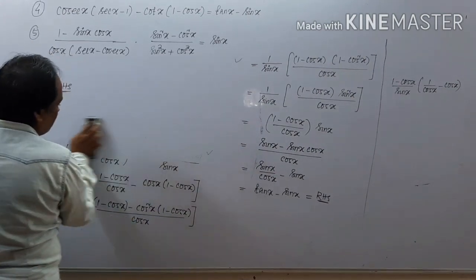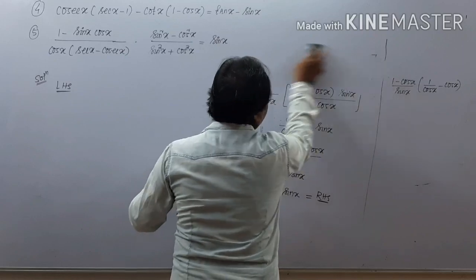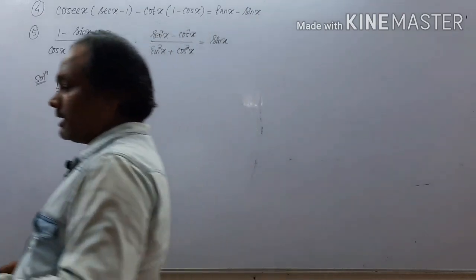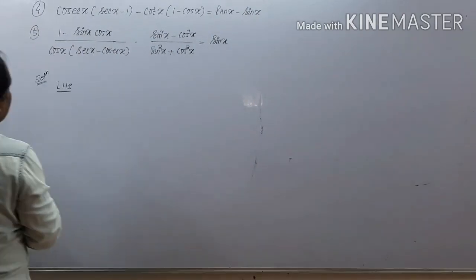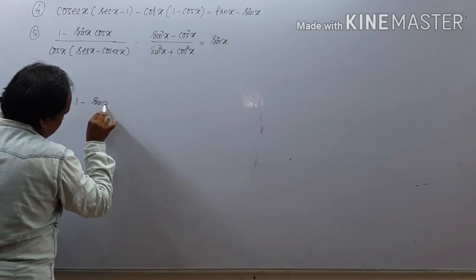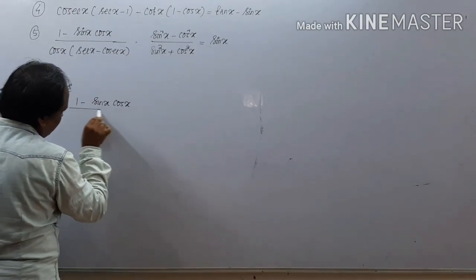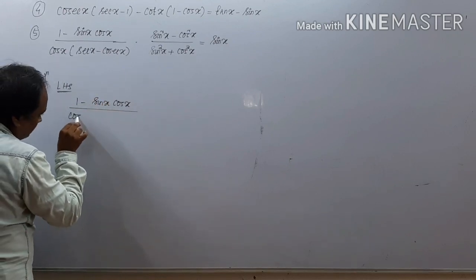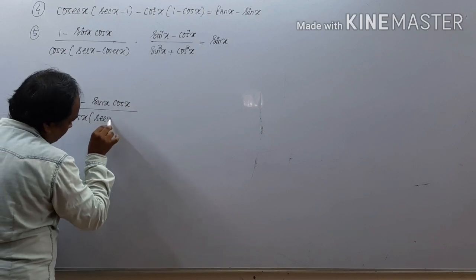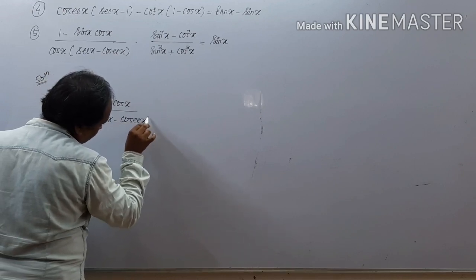So at first we have to consider the left hand side, right? So what is the left hand side? In the left hand side it is given 1 minus sin x into cos x divided by cos x, multiplied to sec x minus cosec x.